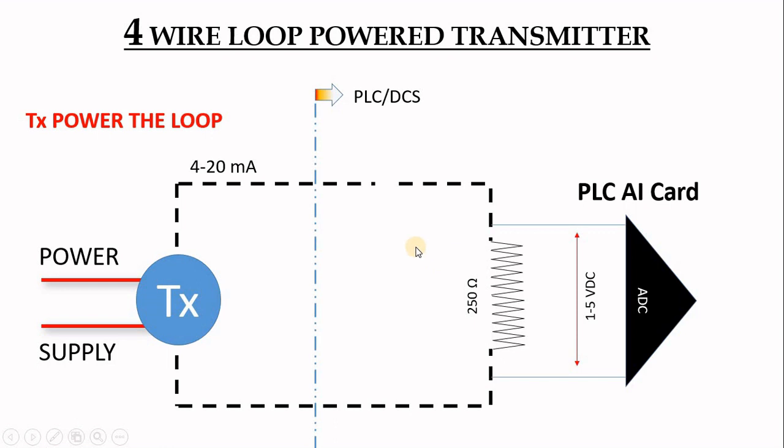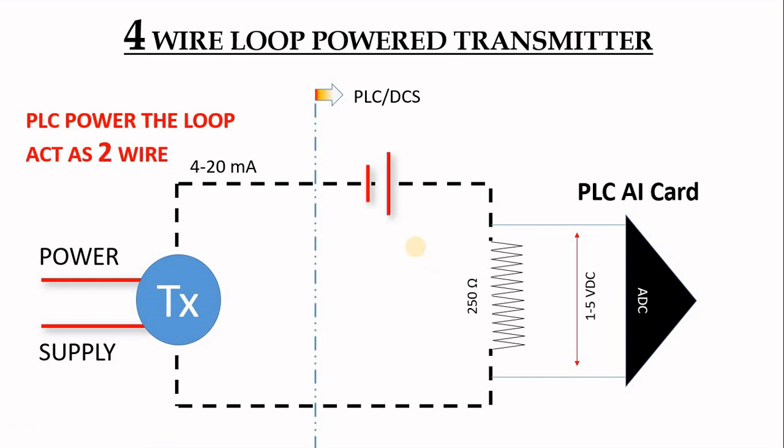So this is our first scenario. In the second scenario, the transmitter will allow you to use your power supply from your panel, and in this case it's exactly the same as the standard two-wire transmitter.